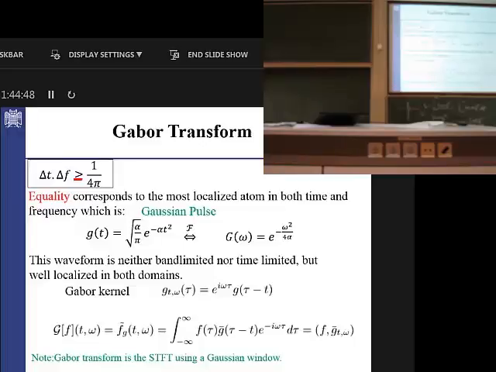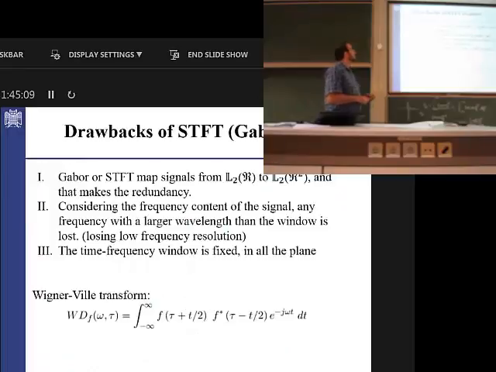If you choose any other kernel, it would be worse in one sense or the other. In the general sense, it's the more localized. But still we have the uncertainty principle. So these are the simple things that I can say about the Gabor, STFT, and so on.